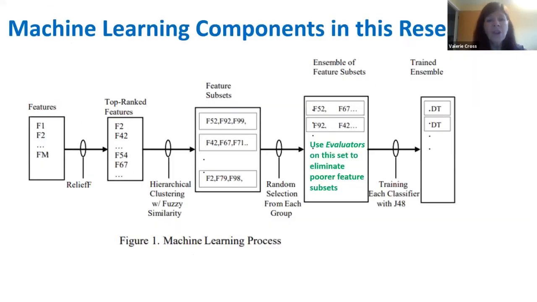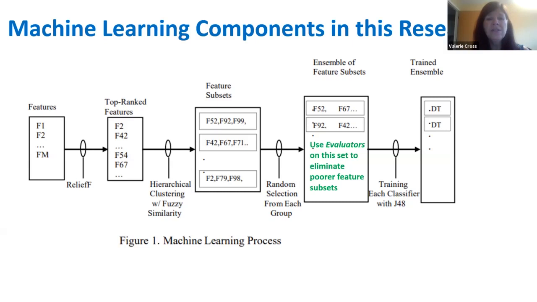This is our machine learning components. We put the features into Relief F. Relief F gives us a set of top ranked features. We take a hierarchical clustering algorithm, and the measure of similarity is a fuzzy similarity measure. Before we do that clustering, we put the gene level expressions into the 0-1 range, so they are in fuzzy set format.